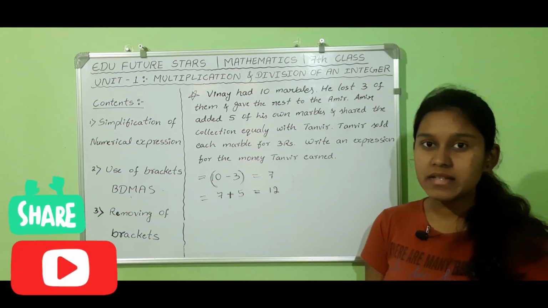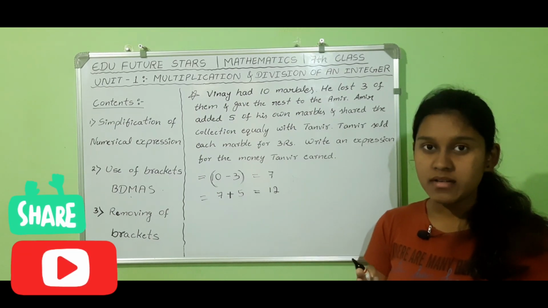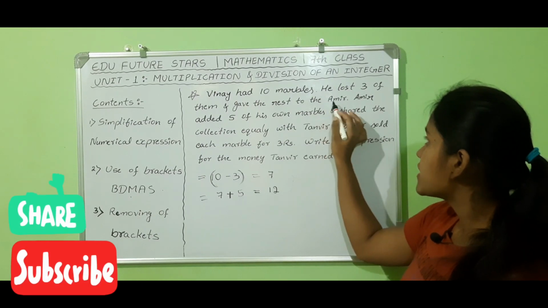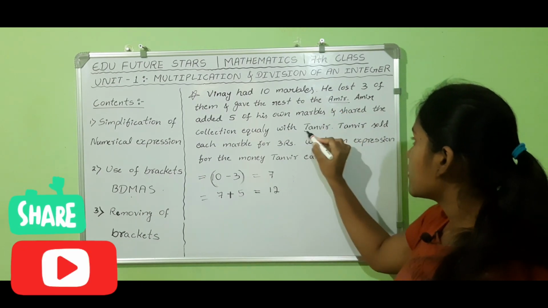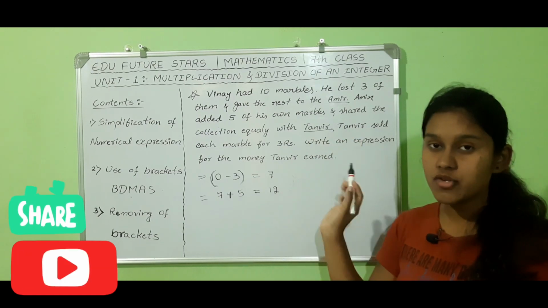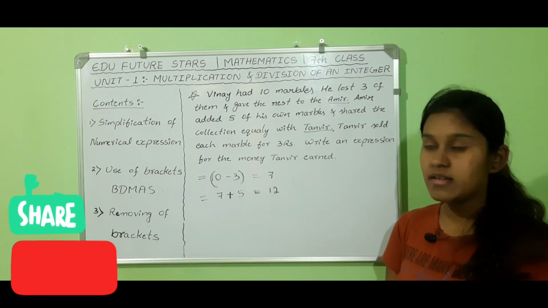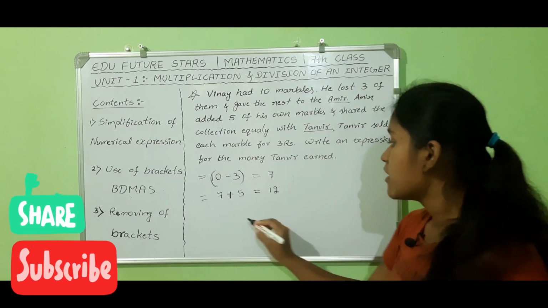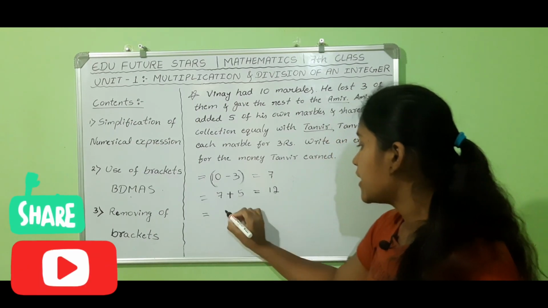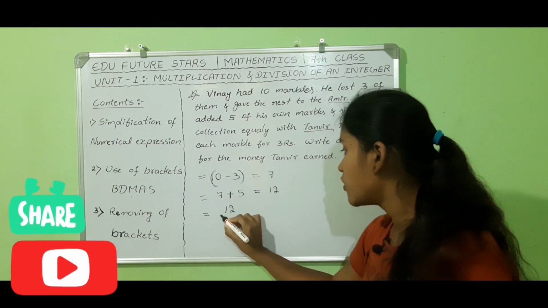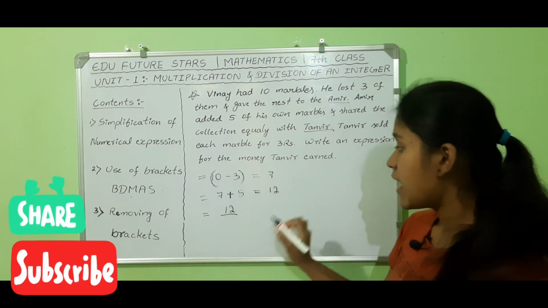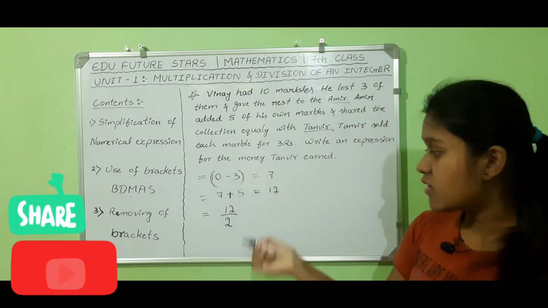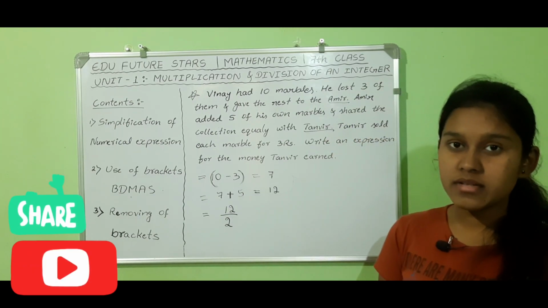So how many people are there here? Amir and Tanvir. Right? 2 people. Amir is there, and another one, Tanvir, is there. Amir is sharing with 2 people, including himself and 1 more person. So 2 members, right? Then what do we have to write? He has 12 marbles in total and he is going to divide them equally, in the sense divided by 2, because there are 2 persons.